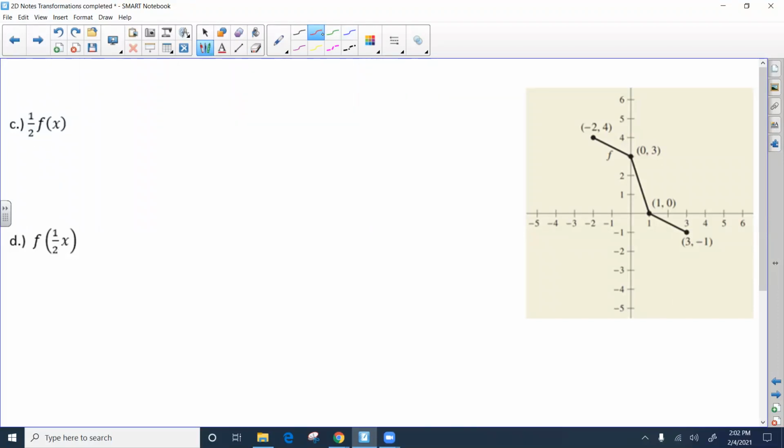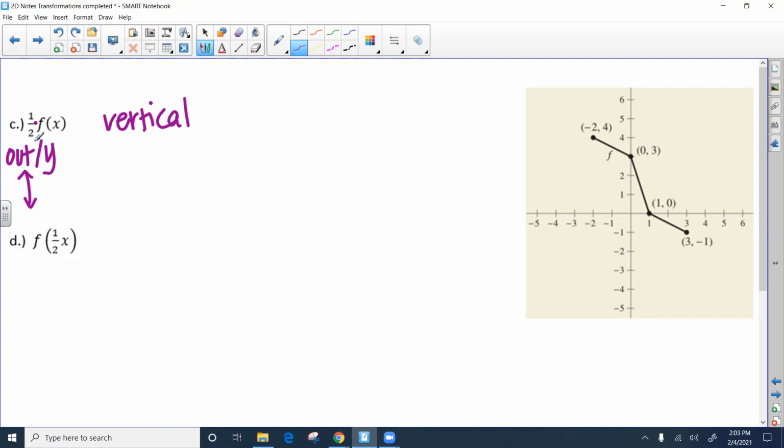So let's look at these two. 1/2 times f of x. This is multiplied, so I know it's on the outside. In this case, the half is on the outside, so it's affecting the y-axis. I know it's going to be vertical because it's affecting the y-axis. I've got to figure out whether it's a vertical stretch or compression. To help me do that, I want to think about what operation I need to do.